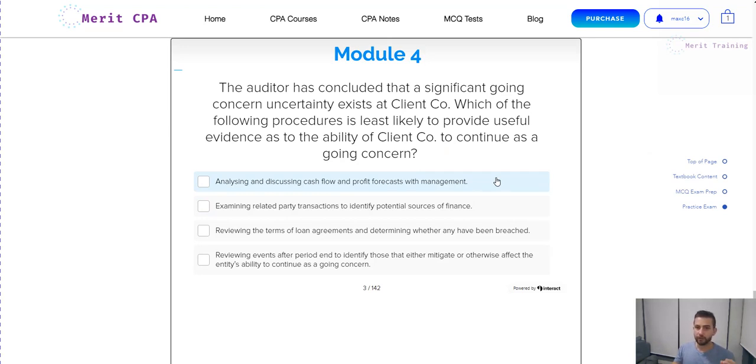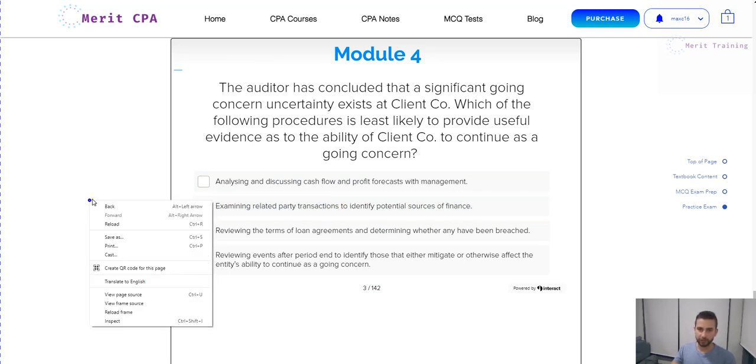With cash flow and going concern, we want to know future cash flows and whether the business has enough cash flow to support its short-term and long-term obligations. So these are existing sources of finance, existing obligations. It's not really going to help with making an assessment on the business's future potential, right? It's more of an existing historical transaction. But let's keep it in the back pocket. So far, this is the least likely to provide useful evidence.